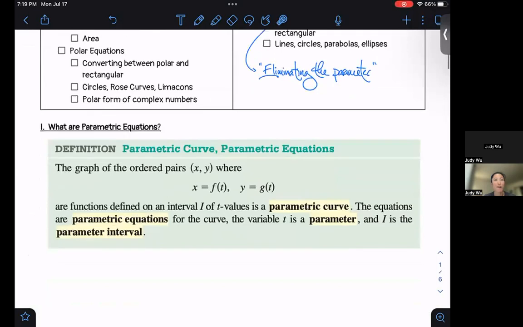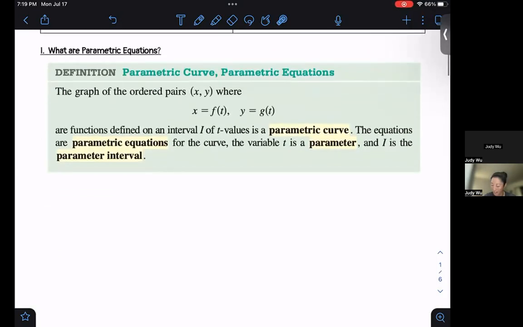Let's move on to what are parametric equations. Here's a definition. The graph of the ordered pairs (x, y), where x is f of t and y is g of t.